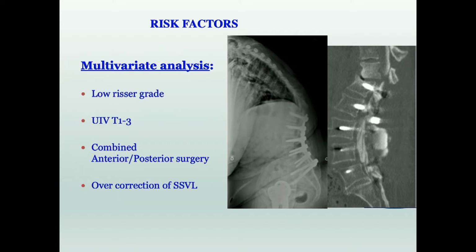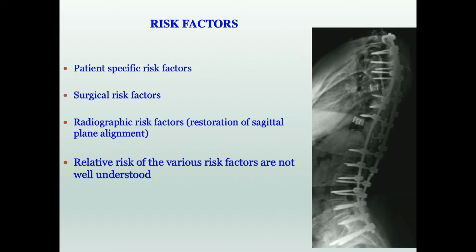If you look at multivariate analysis, the factors are: lower risk grade, patients who are still growing, upper instrumented vertebra at T1 to T3, combined anterior-posterior surgery, and overcorrection of SSVL. These are all risks, taking into account all the different confounding variables. These are the factors that have been shown to cause PJK.